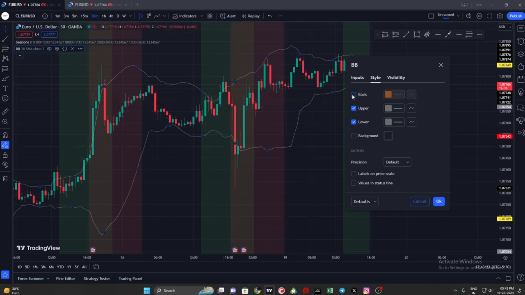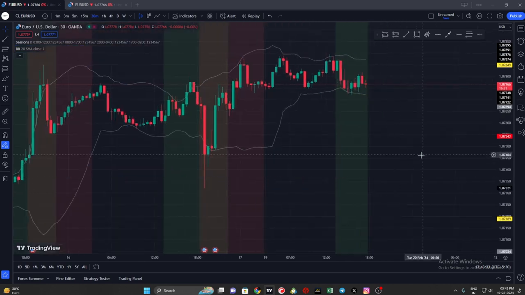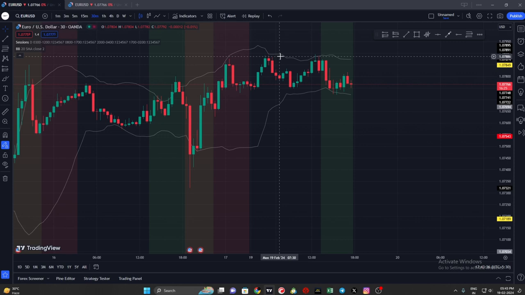I also changed the upper band and lower band color to white; you can do it your way. So firstly apply the Bollinger Bands, and now let's come to the strategy.